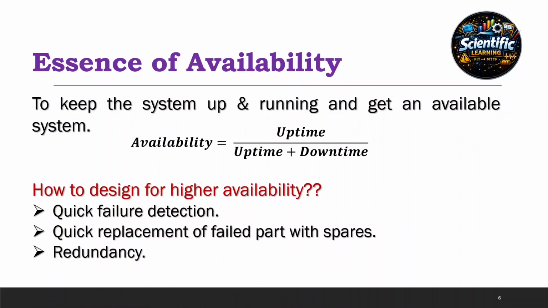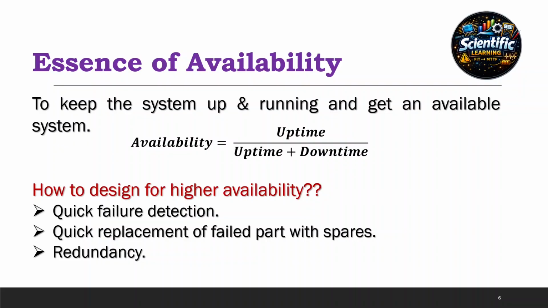How can one design for higher availability? By controlling the downtime of the system, as we will see now. Firstly, through quick failure detection in the system by means of diagnostics. Now, the diagnostics that are put in the system have the capability of instantly detecting failures when they occur. Secondly, through quick replacement of failed parts with spares by means of having a modular design.